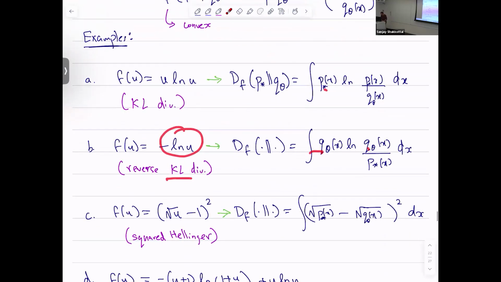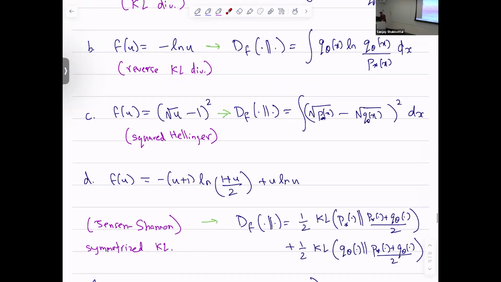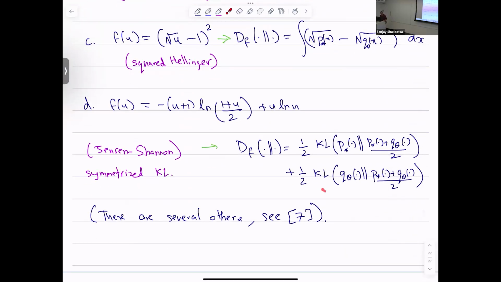If you put f(u) equal to (root u minus 1) whole squared, this becomes something called the squared Hellinger divergence. Okay, some other metric. And the last one, if I put f(u) as u log u minus (u plus 1) log((u plus 1) by 2), this one becomes the average of the forward and the reverse KLs. Okay, so some symmetrized thing. This is the Jensen-Shannon. So you can start thinking about mode collapse, atypicality, and so on, and use this to get a whole bunch of trade-offs. These divergences are useful in that sense.